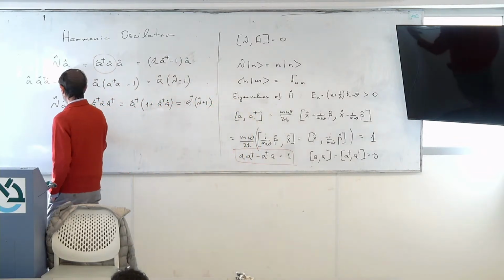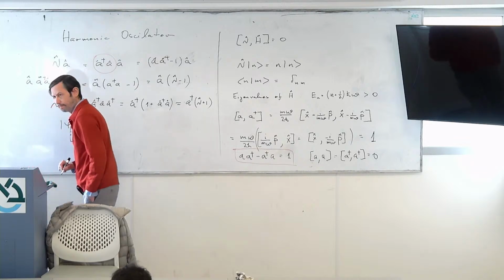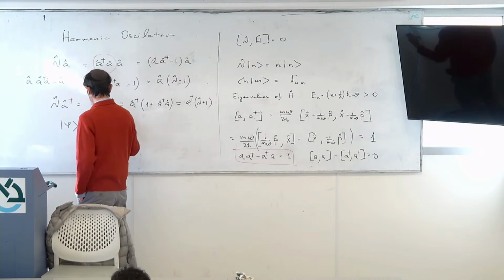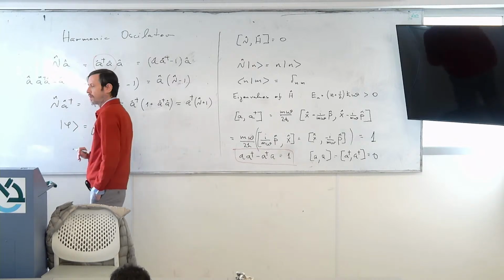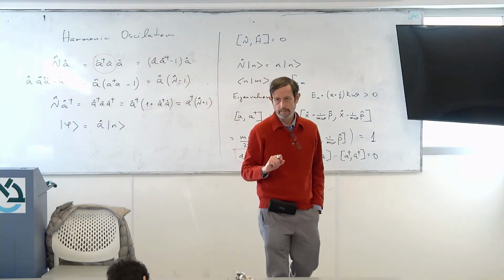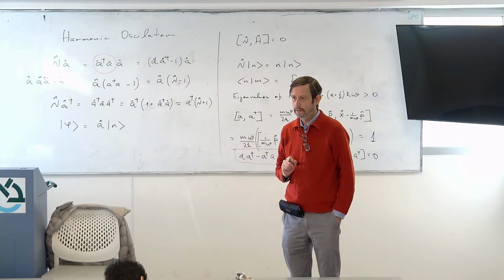Let me define a wave function, phi, which is A operating on n. I claim that this vector is also an eigenvector of n.